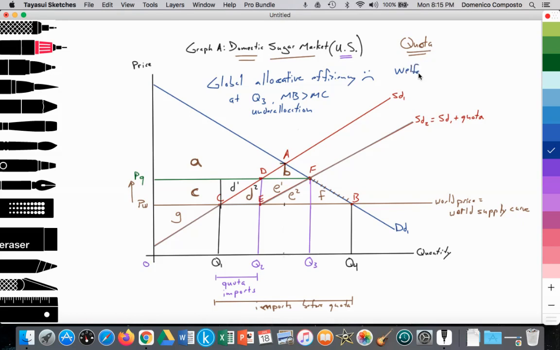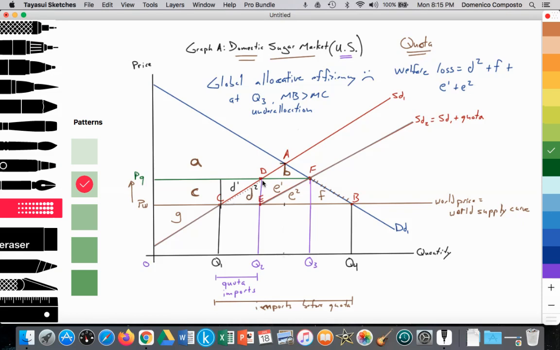And we can state that for this domestic economy, the welfare loss is equal to areas D2 and F, right? It's equal to, in this case, D2, which we see here, and F. And we can also state that it's also equal to the areas of E1 plus E2. So the welfare loss is essentially this area here.